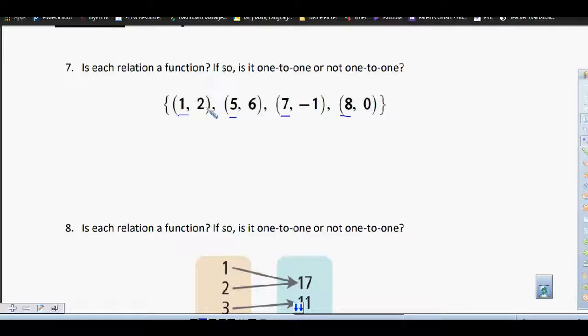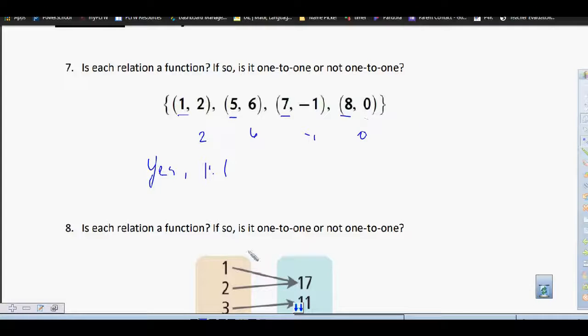Am I getting any duplicate output values? There should be one output for every given input. And again, I have a 2, a 6, a -1, and a 0. Okay, so it looks like I have a unique output for every given input. So this would be a function, and it is a one-to-one function.